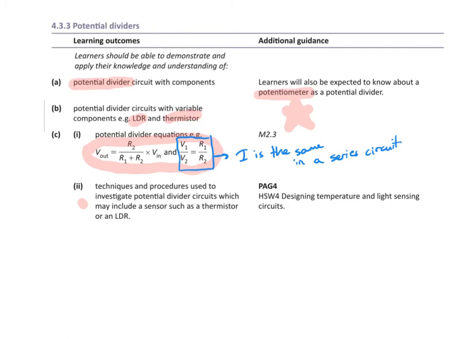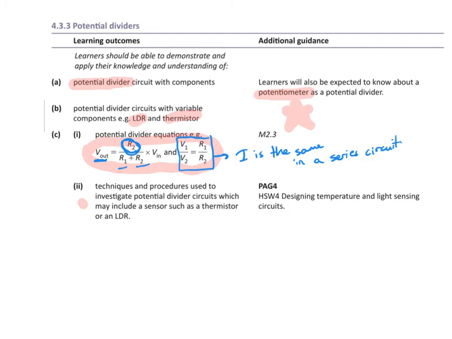And you can already see that it's telling you R2 over R1 plus R2 in the equation. But many people always miss out what this R2 is. Now this R2 is the value of the resistance of the resistor that accompanies the V out.